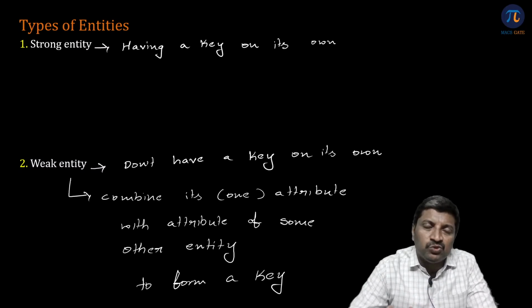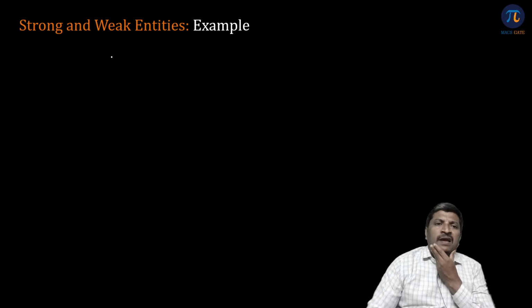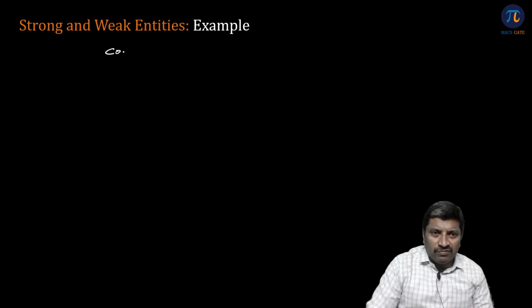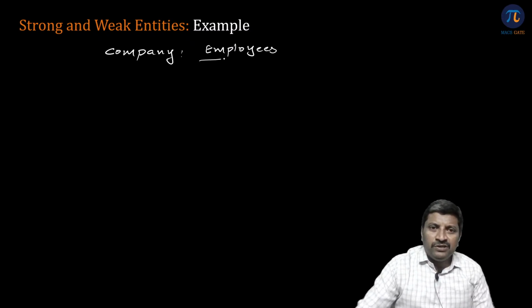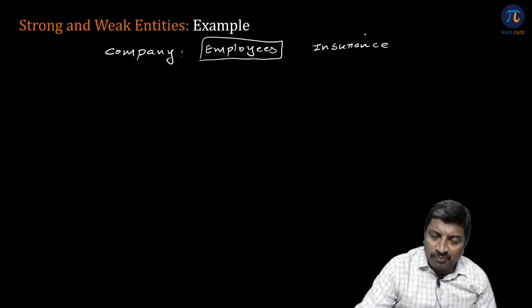Let me explain these two terms with an example: strong entity and weak entity. Let us consider we have a company in which we have the object employee. Now we are providing insurance to all of our employees.